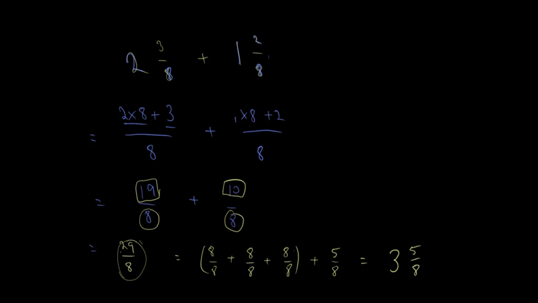Now, you can express your number, if you like, as a mixed number, or you can express it as an improper fraction. But this is preferred, because this gives you an idea, if you're talking pizzas, of how much pizza the person consumed. 3 whole pizzas and 5 slices. This tells you the person consumed 29 slices. It makes him sound like a bit of a guts, doesn't it?